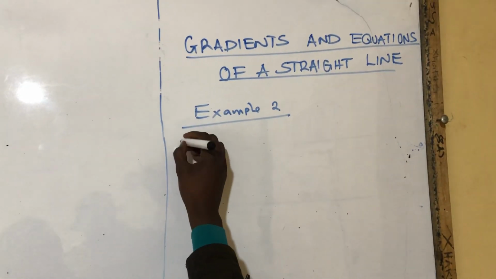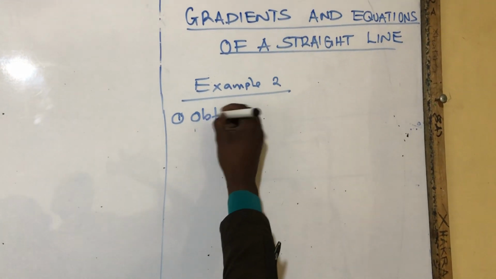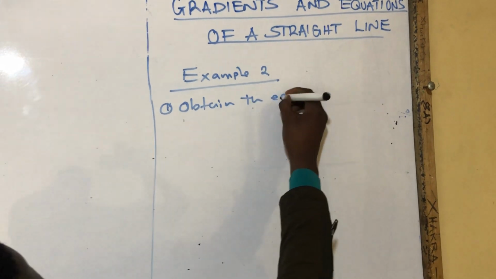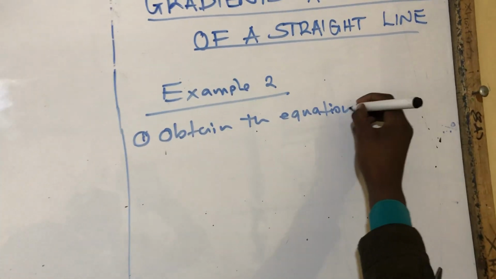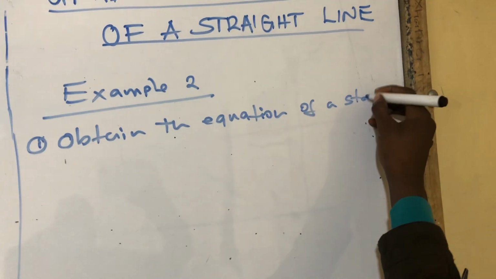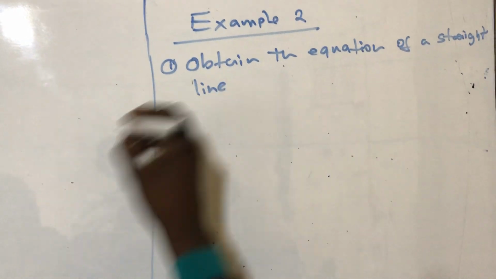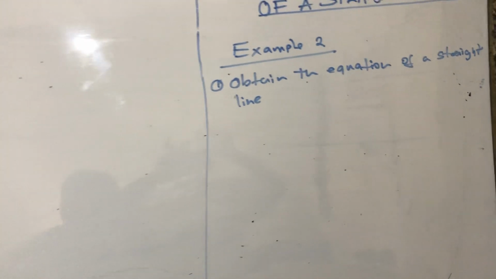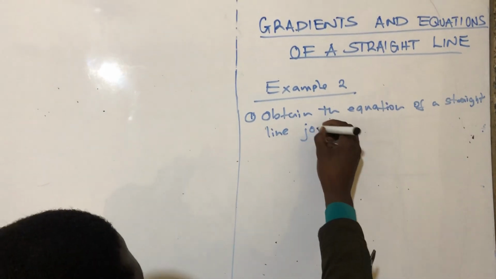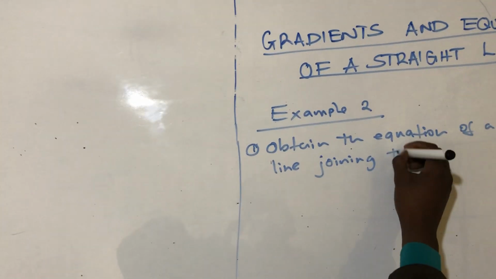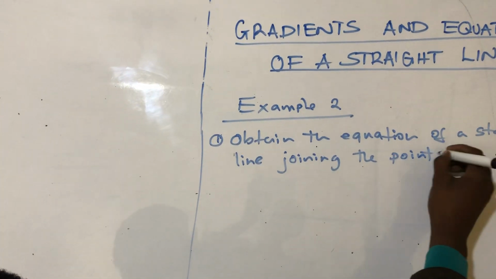I want us to obtain the equation of a straight line joining the points.